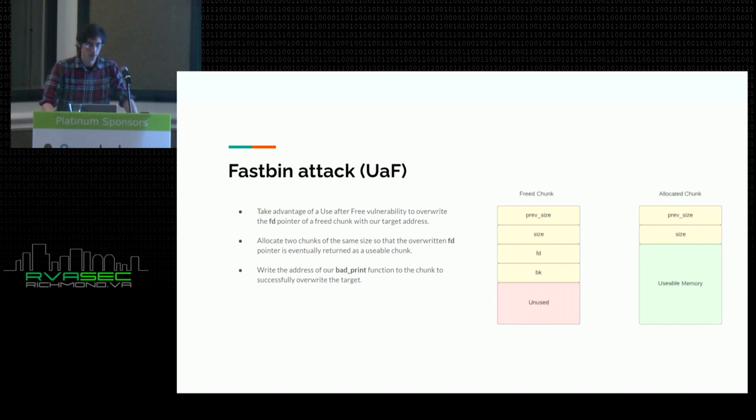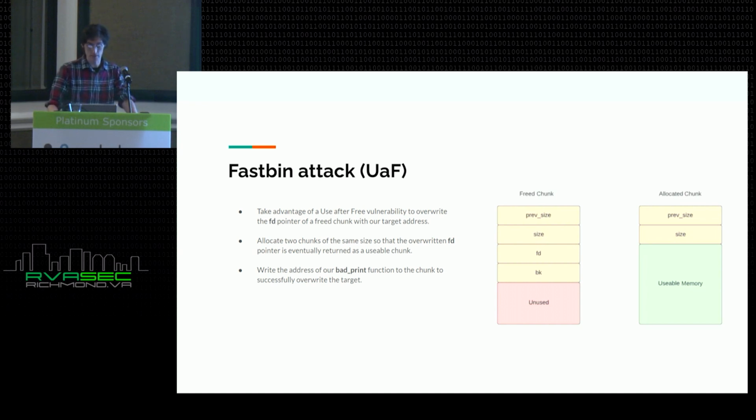All right, so we'll talk about a good attack against fastbins. This all relates to how we are handling allocated chunks versus free chunks. Essentially, we want to take advantage of the use after free vulnerability, which is being able to use a variable or an area of memory after it's already been freed, to overwrite that forward pointer.